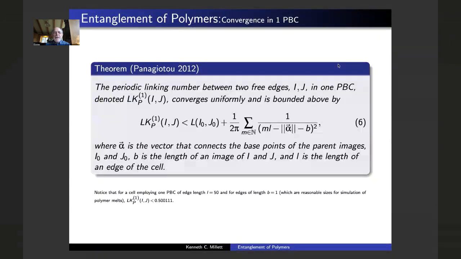So the first one is, what do you do when you have a singly infinite sum, right? And so you have to prove that this sequence converges. She proves it converges uniformly and is bounded, and she gives a bound for it: how big the linking number can be in terms of characteristics of the geometry of your periodic boundary condition system.